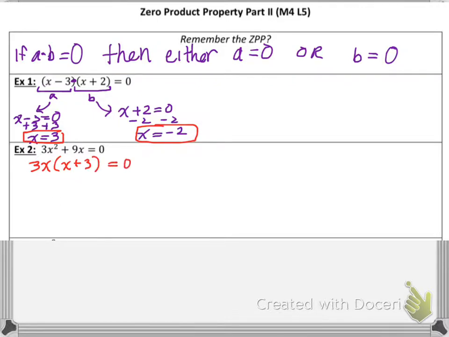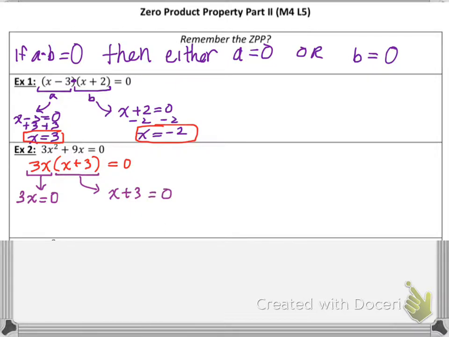Now what's inside my parentheses is a linear binomial, just x plus 3, so I don't even have to think about whether it factors any further. I can just take each of those two factors, 3x and x plus 3, and set each of them equal to 0. 3x is like my a in the definition, and x plus 3 is like my b.